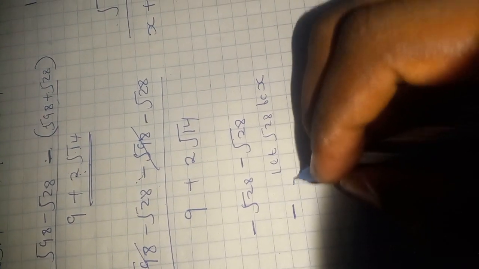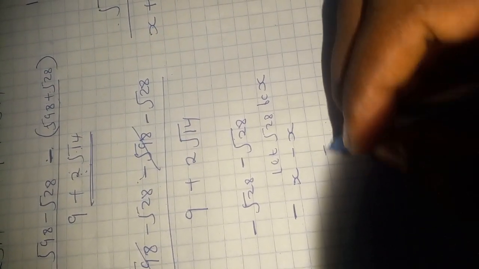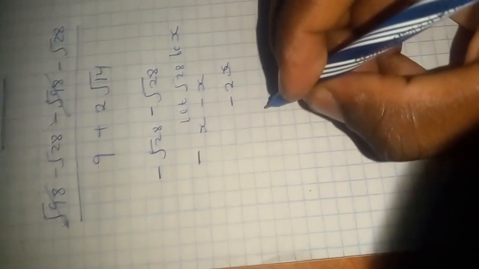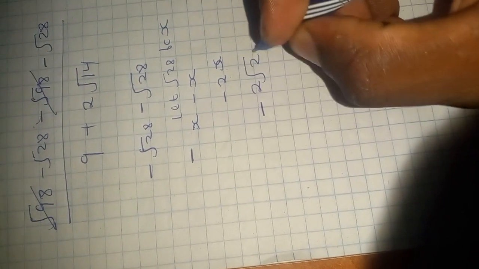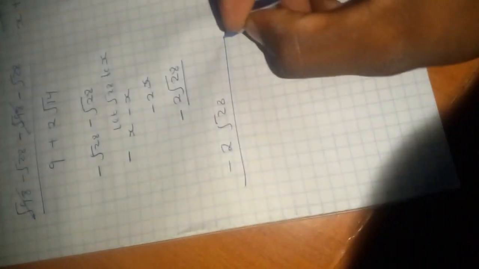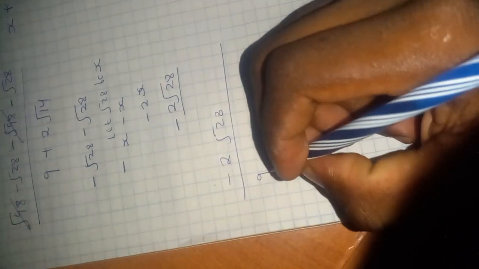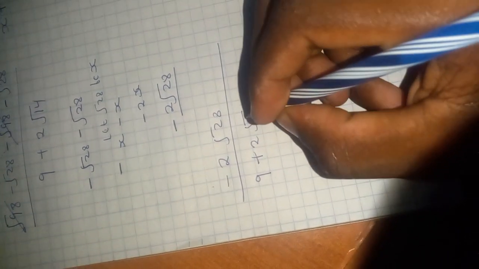So you say negative x minus x, this is negative 2x, then you replace it, so it will be negative 2 root of 28. So negative 2 root of 28, you divide here by the LCM, which is 9 plus 2 root of 14.